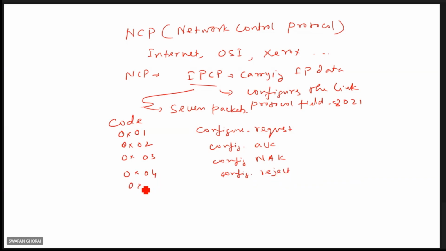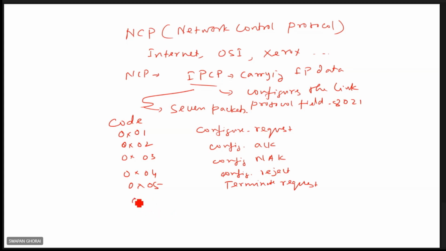Can be, if it is 5, then it is terminate request. And there also can be positive acknowledgement or reject.